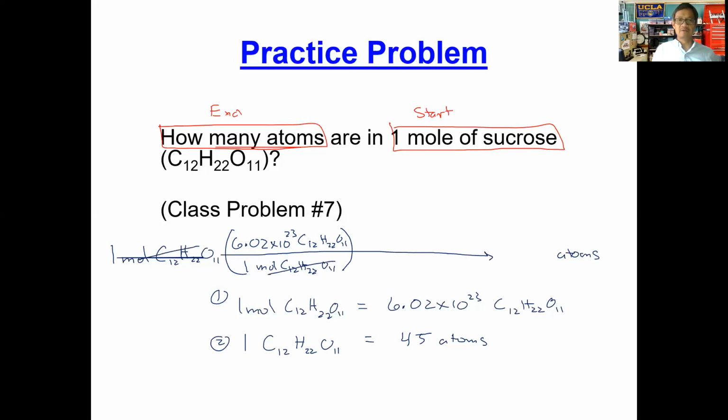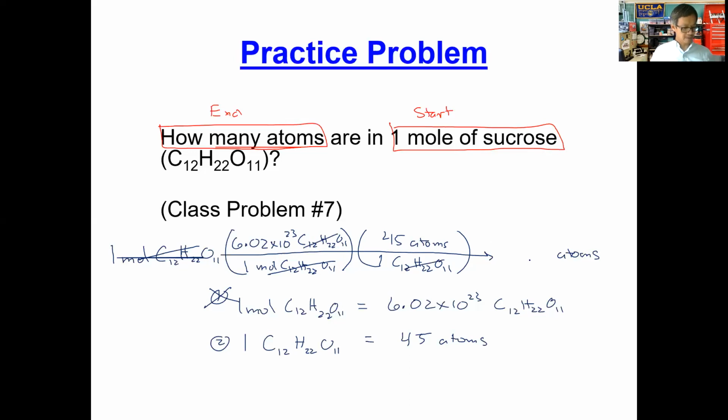Now we have to convert this unit, C12H22O11, into atoms. We've already used the first equivalence, so don't reuse it. We plug in the second one: 1 particle of C12H22O11 is equal to 45 atoms. That's what we have in total. That unit there cancels out.